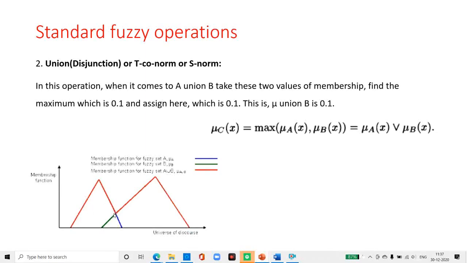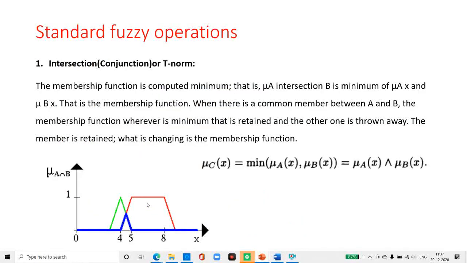This is the smallest set for A and B, but the membership value for A union B is the maximum. But in an intersection of set A and set B, the membership value is the minimum.